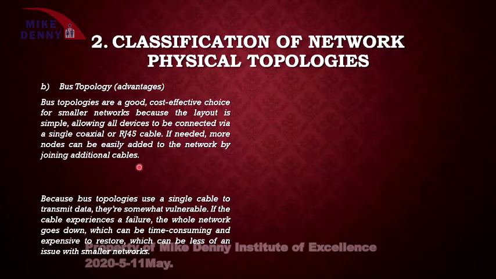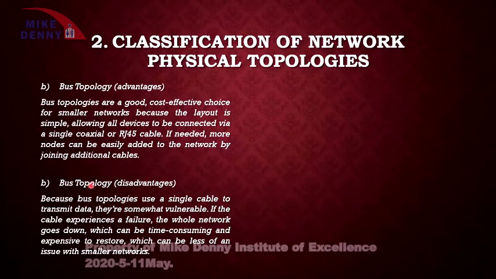Very simple. Because bus topology uses a single cable to transmit data, it is somewhat vulnerable. If the cable experiences a failure, then the whole network goes down, which can be time-consuming and expensive to restore, which can be less of an issue with smaller networks. So those are the disadvantages of bus topology.